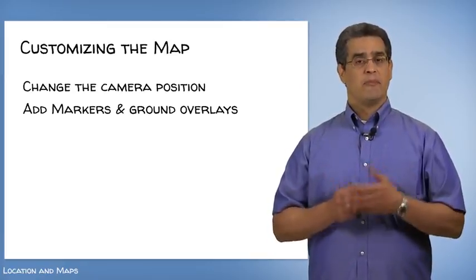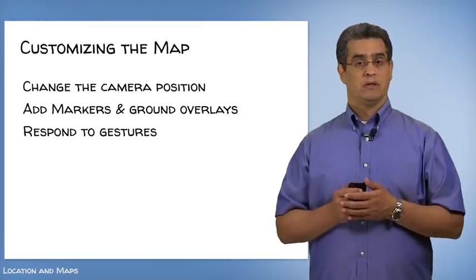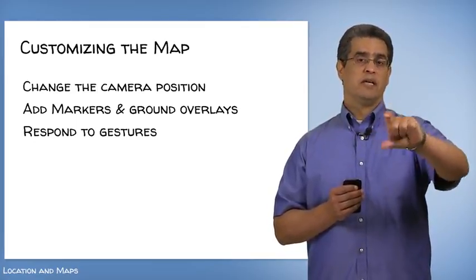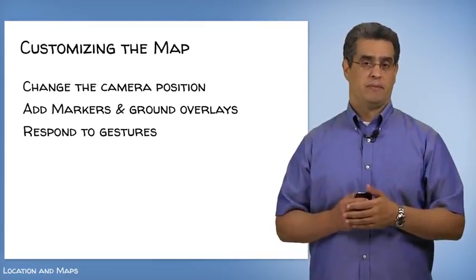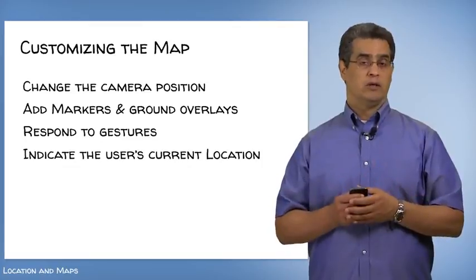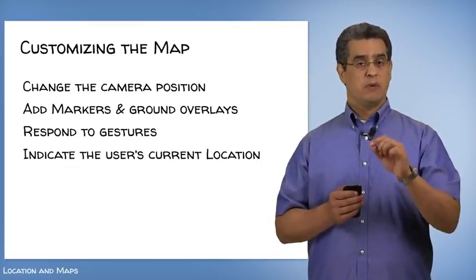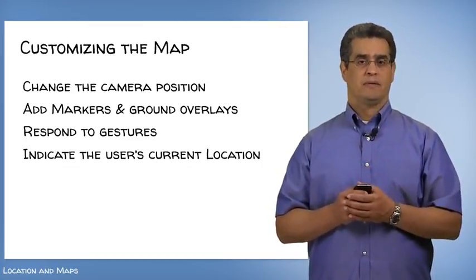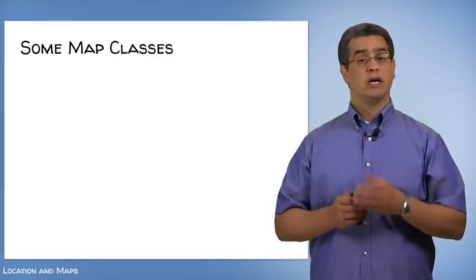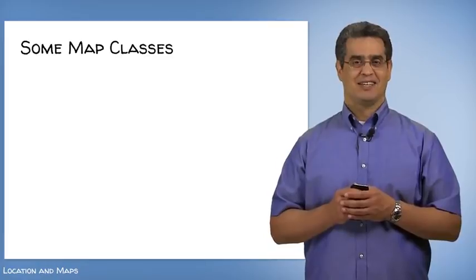You can make the map respond to gestures, such as a 2-finger stretch and pinch to zoom, and a 2-finger rotation to rotate the map. And you can also have the map indicate the user's current location, for instance, by placing a special marker on the map.